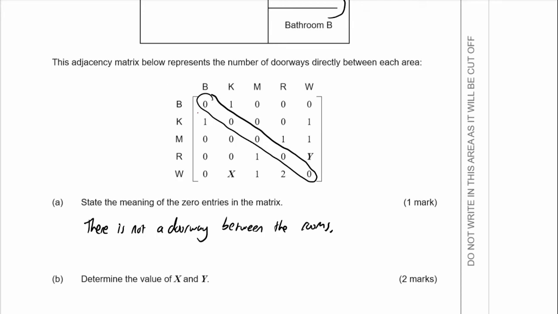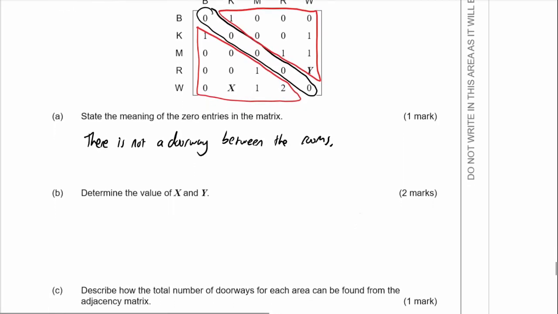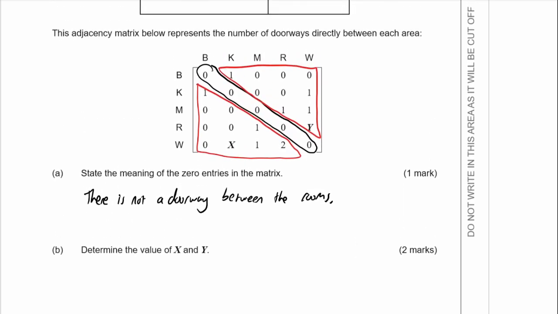And you'll also notice that the graph is symmetrical, because obviously if there's a door from B to K, there'll be a door from K to B. So straight away we can see that this is a symmetrical adjacency matrix. If an adjacency matrix is symmetrical, this is just extra information by the way, that means that the network will be undirected.